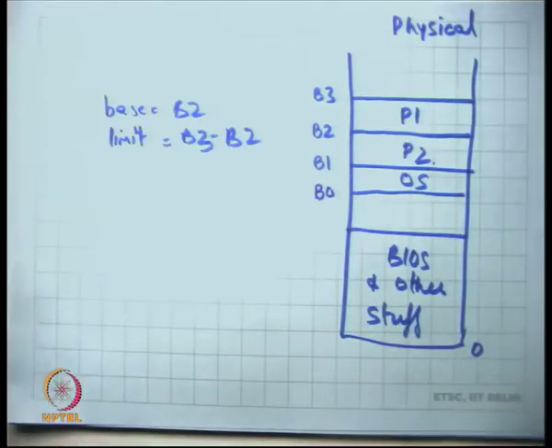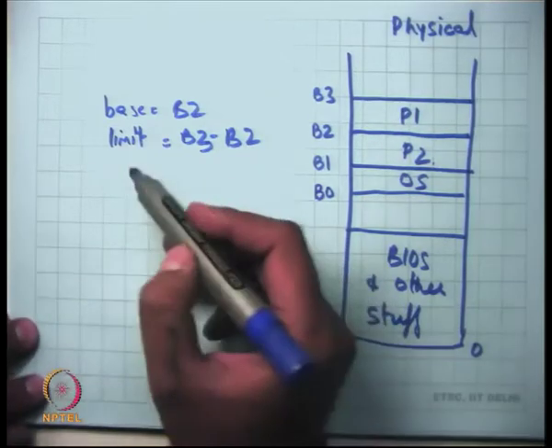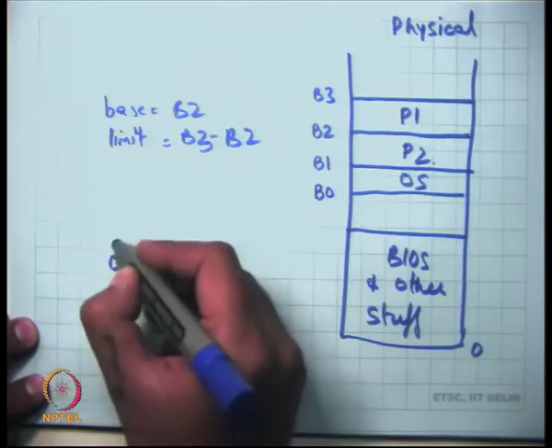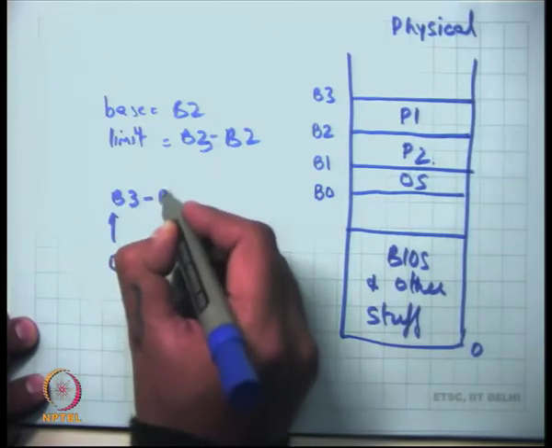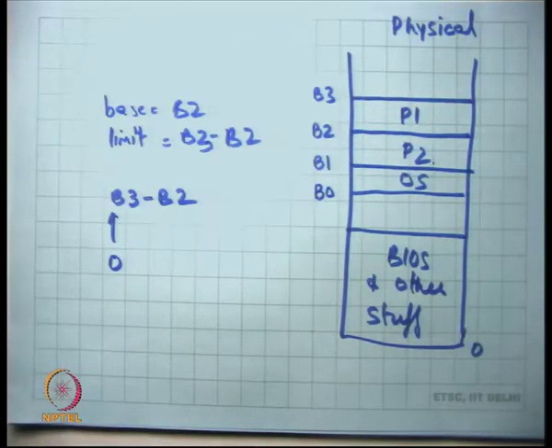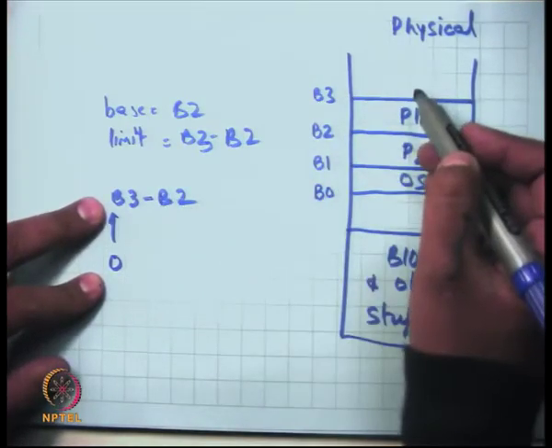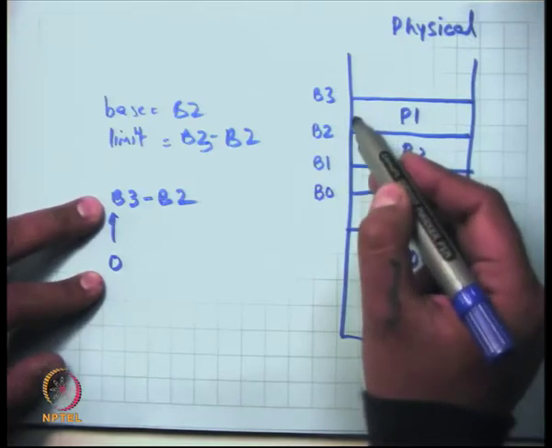And so when I run this process P1, when it uses a segment selector, it can only access this area of memory. The process itself will use addresses like 0, 1, 2, 3, or any other address. The legal addresses for a process in this case would be 0 till B3 minus B2. 0 gets translated to B2, B3 minus B2 gets translated to B3, and anything in the middle just gets translated to B2 plus VA.